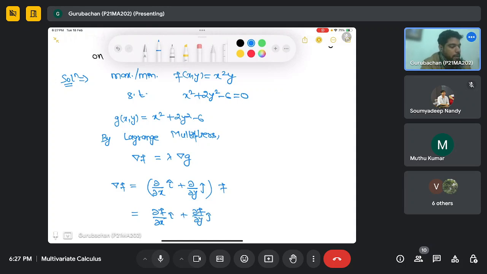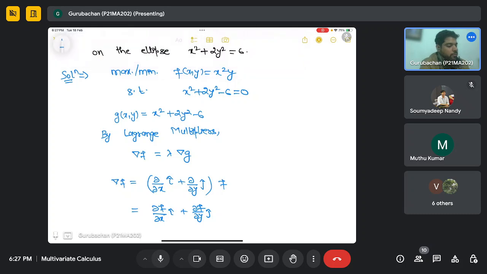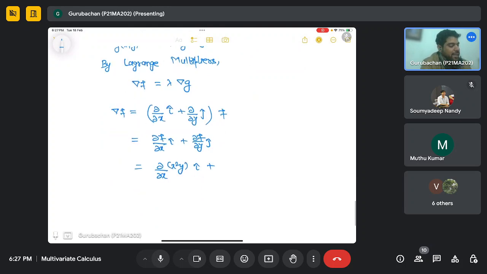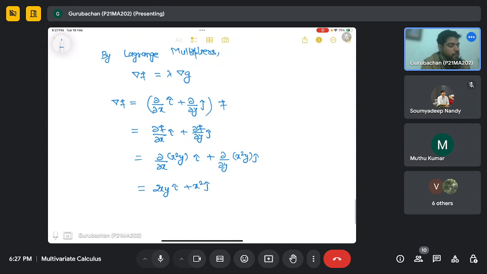So what is f? x square y. So del by del x of x square y i cap and del by del y of x square y j cap. So this will give you 2xy i cap plus x square j cap.